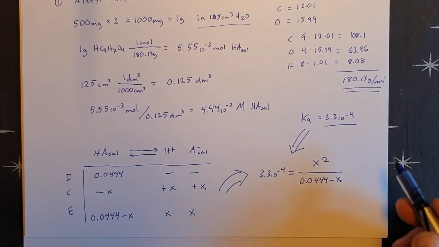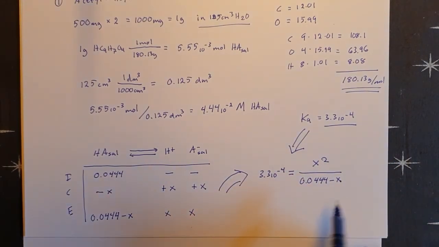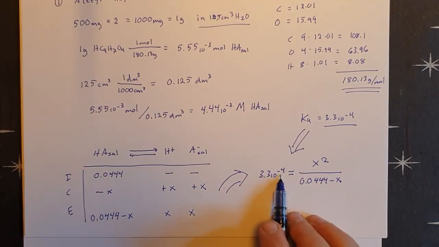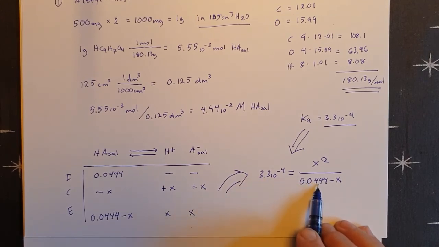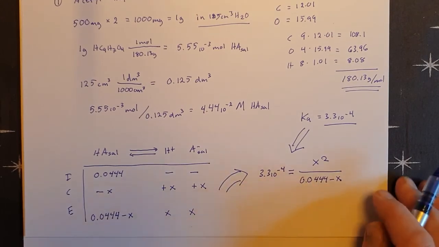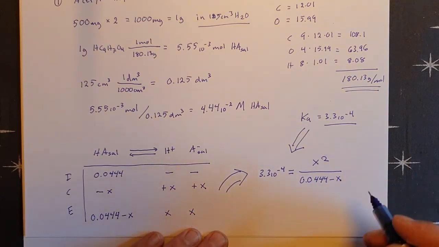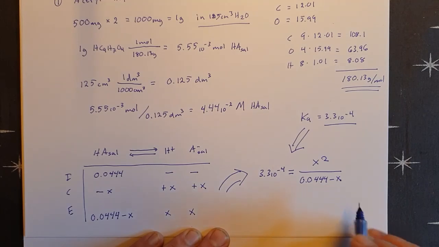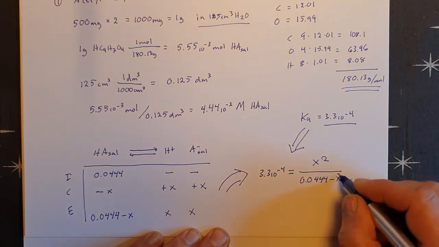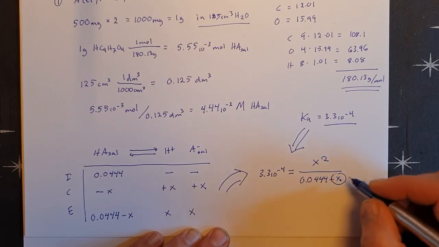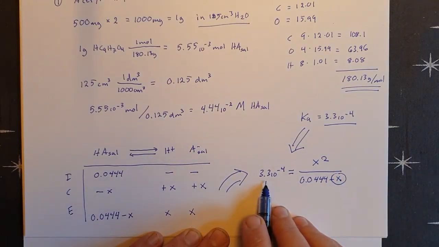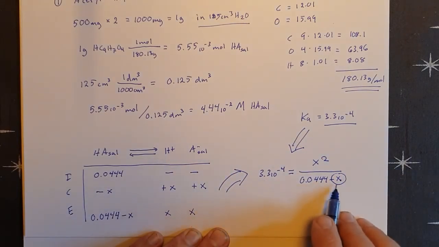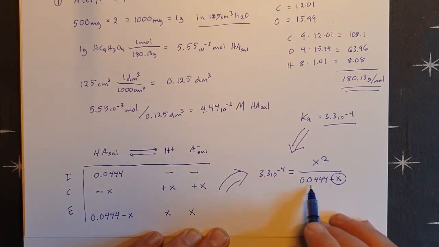Now we're going to use the simplification because in this case, even though the difference between the two is not that small, I think the answer is going to be fine anyway. So if we assume that x is very small compared to this value, whatever solution x is, it's not going to change this significantly.